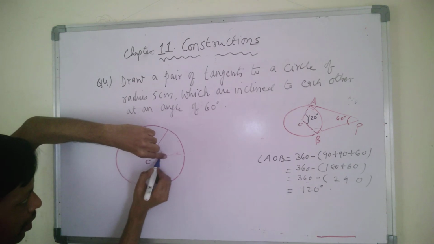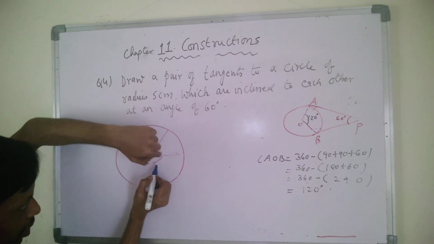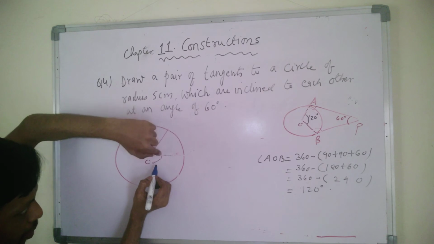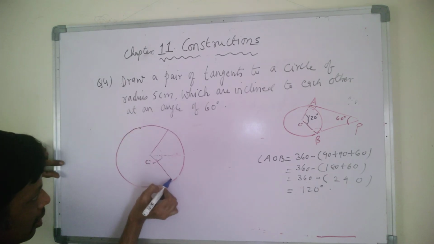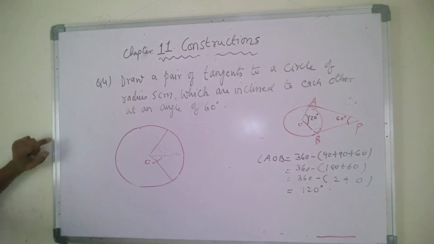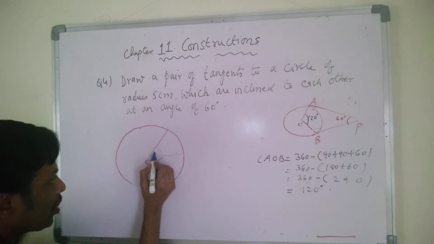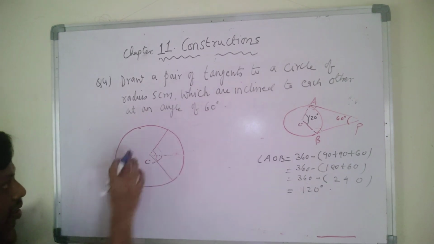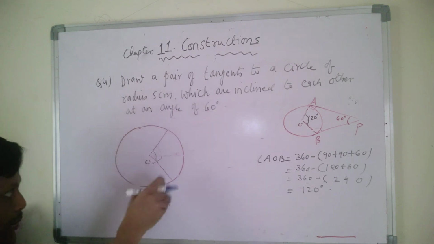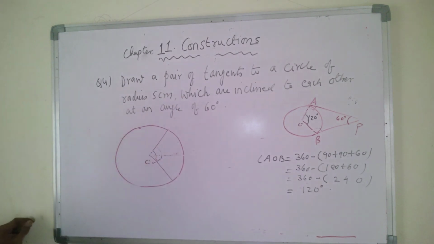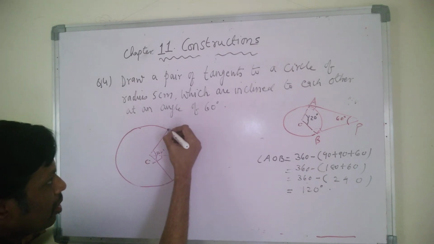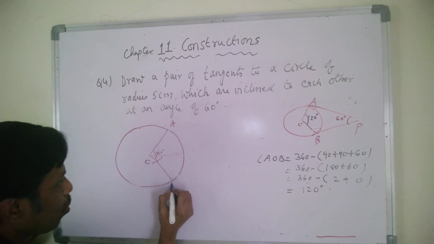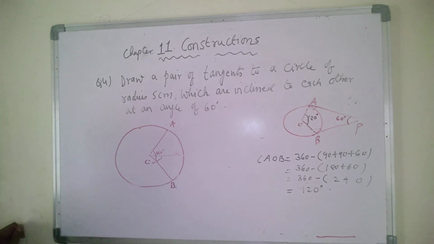With the same cutting here, and from here you have to keep the rounder, and with the same radius you give the cut, so that the total angle which you have constructed is 120 degree, 60 degree this side above, 60 degree below, so the total is your 120 degree, right? And wherever it cuts the circle, name it as A and B, so that OA and OB are the radius.